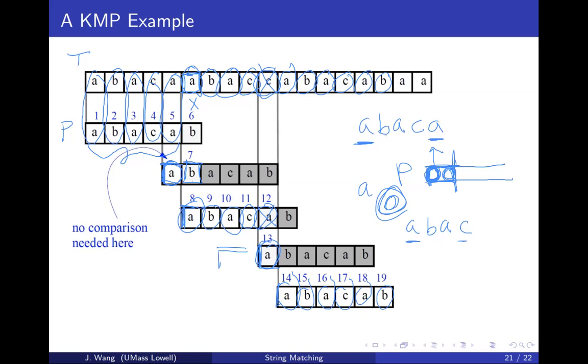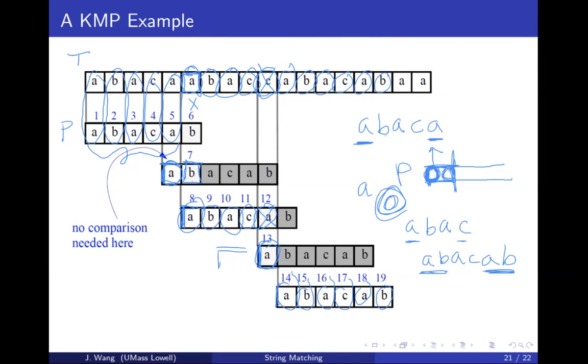Okay, so where do we start for the next one? So it's just a match. Then we are going to do A, B, A, C, A, B. So here we got A, B, that's a prefix that's the same as the suffix. So that means the next thing you can do is I'm going to move from, sorry, here. So right here.